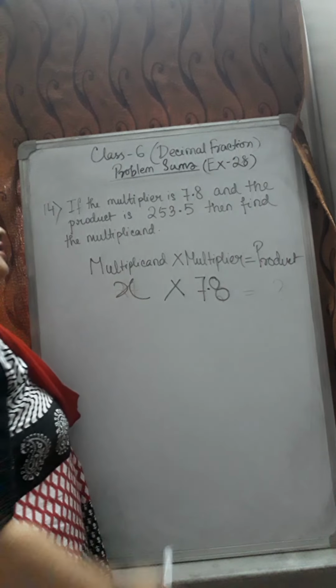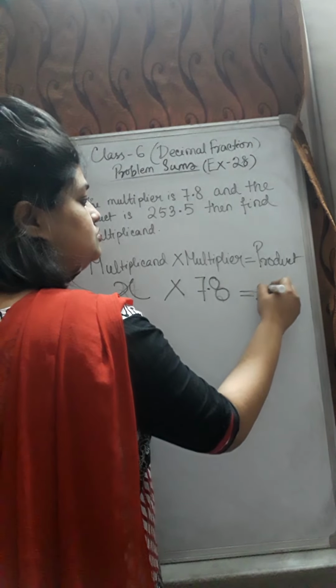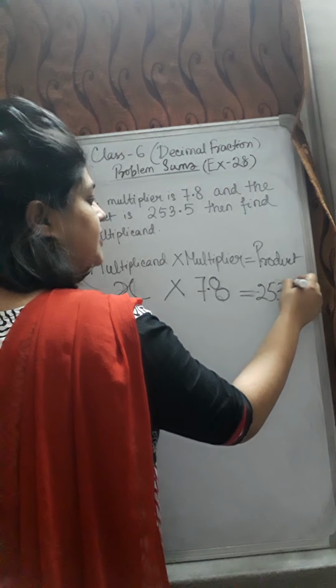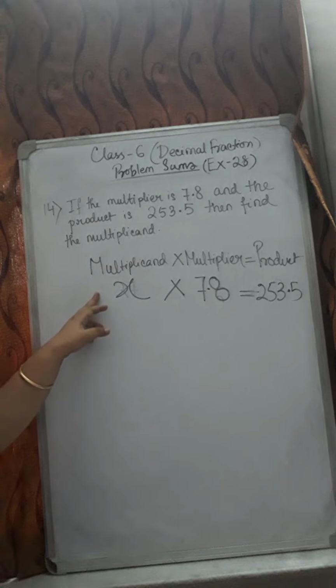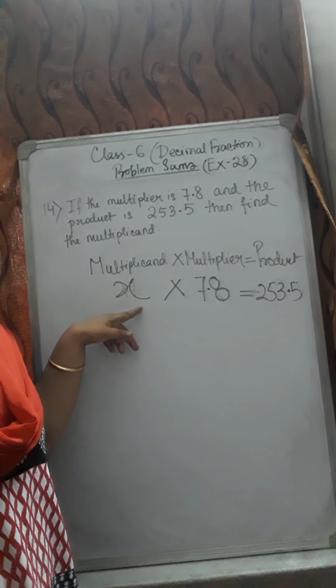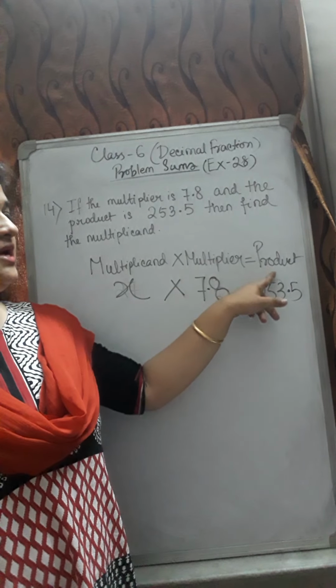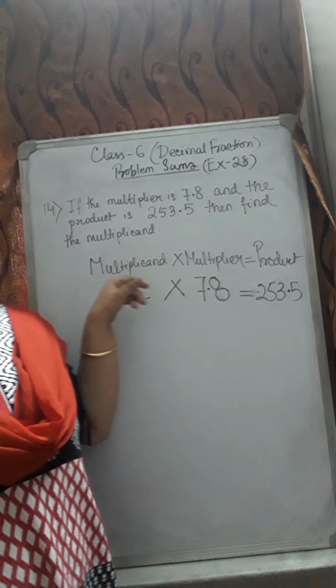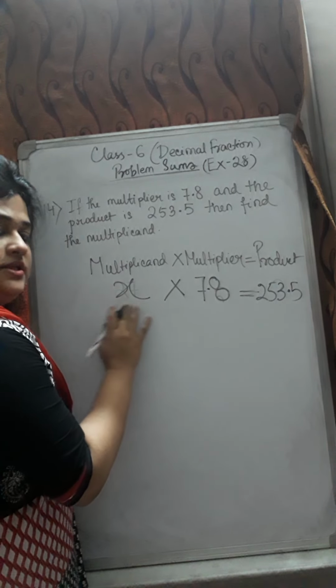So whichever is unknown, we take it as x, and the product is also known to you, 253.5. We are just placing whatever we know, and the unknown we are taking as x. Now we have to find the multiplicand, the unknown x.